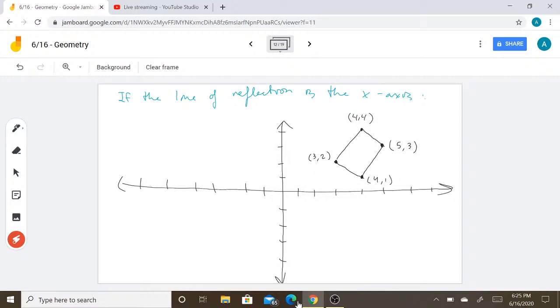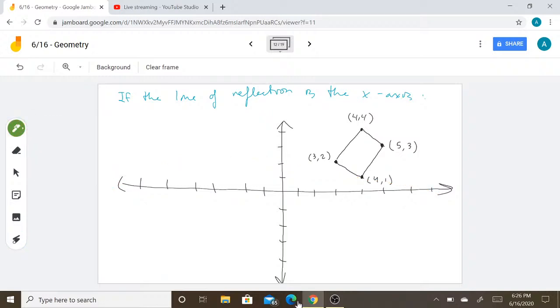Similar to reflection over the y-axis, we can reflect a figure over the x-axis. So we can take the same approach, looking at every single point individually and reflecting them about this axis, the horizontal axis.